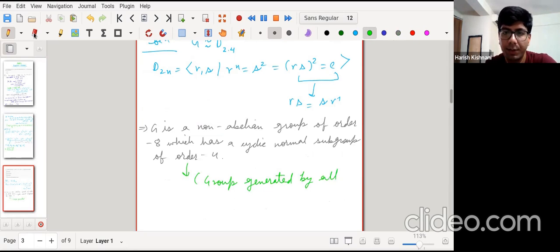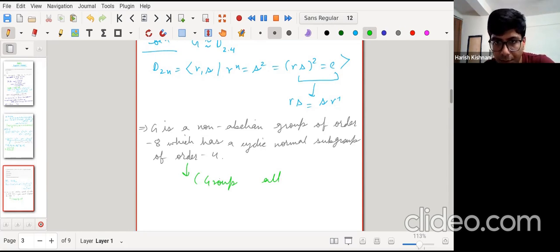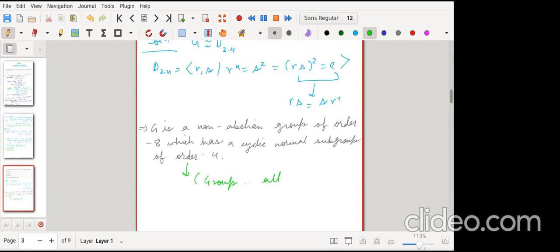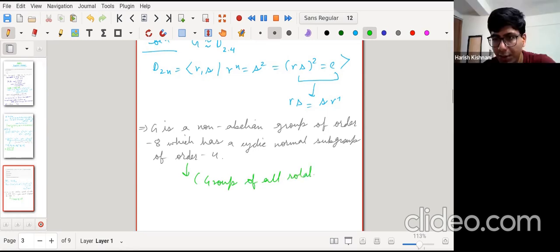Not generated, because if we are saying we have all rotations, then generated doesn't mean anything, because they are the only elements. So it's just the group of all rotations.